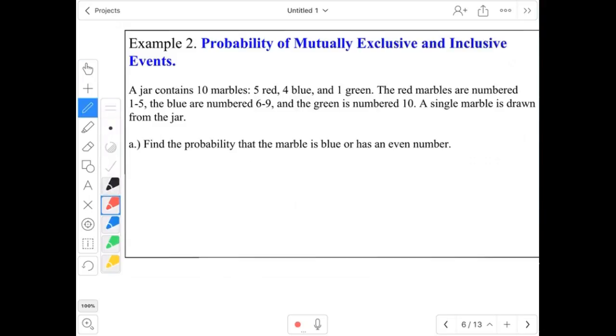So we're going to take a look at the probability that it's blue. So probability of it being blue or even. We know that there are 4 out of 10 blue, plus even: 2, 4, 6, 8, 10, plus 5 out of 10.